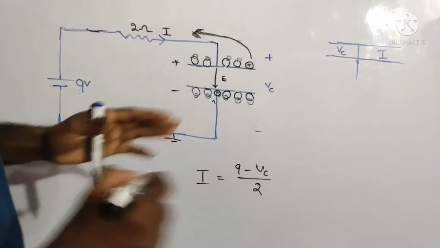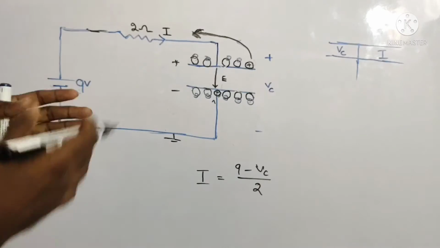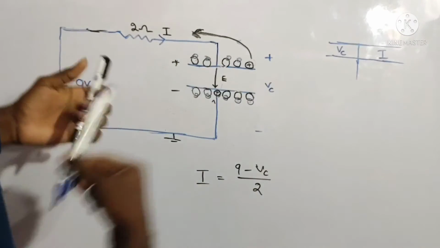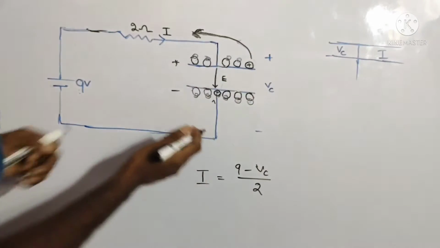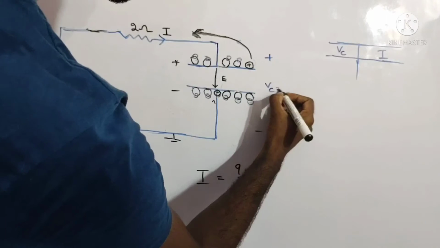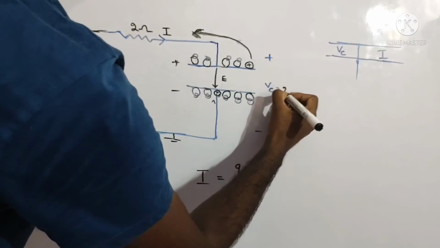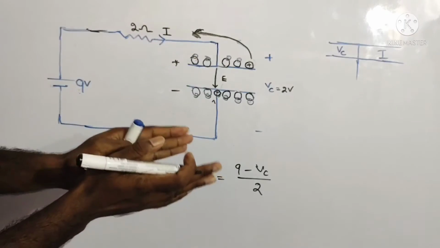Okay, I'm sorry guys, if there is some flow mistake, pardon me. So now, as there is a potential difference between these two, I'm assuming this potential as 2 volts, because this is having some potential now.